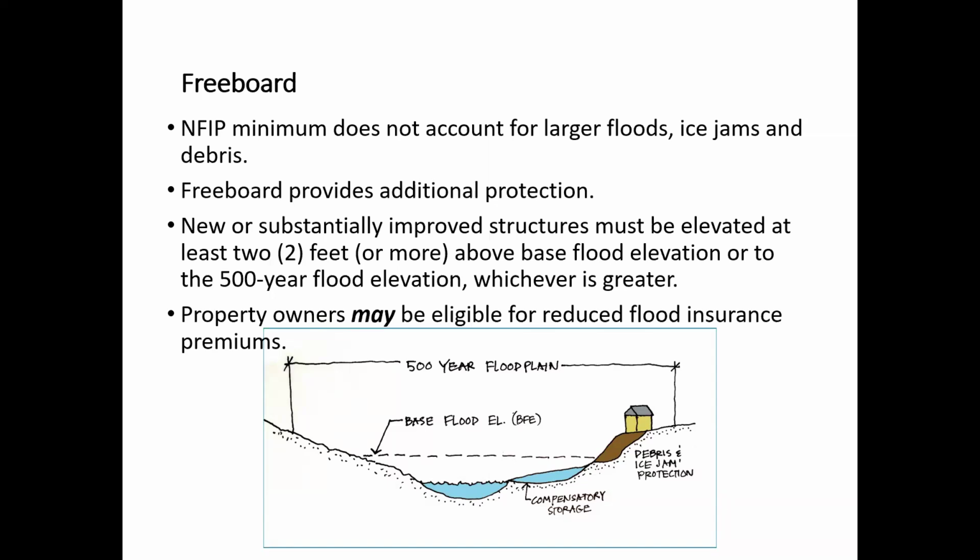In the NFIP minimum, for commercial structures, dry proofing is an option for new construction as well as substantial improvement. Again, this is an area where I think the language could be made more clear in the bylaws.